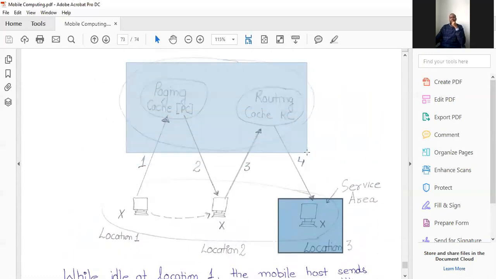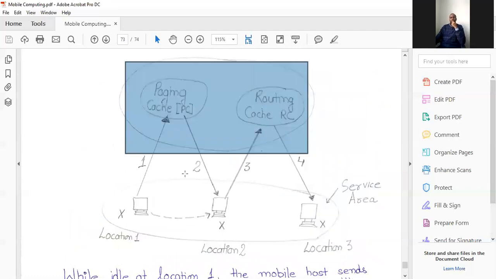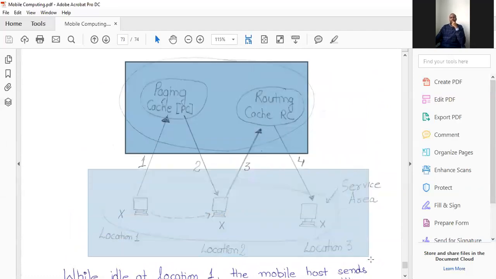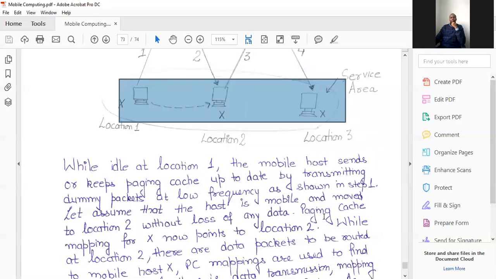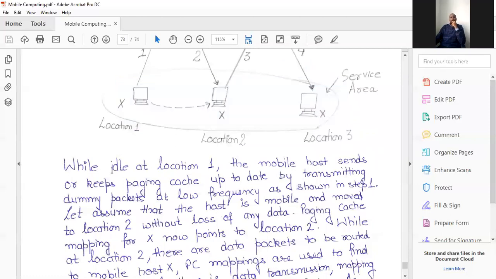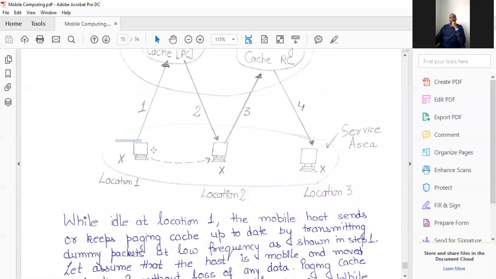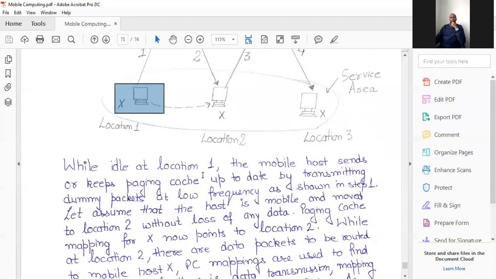So we will use these mapping techniques, paging and routing, to manage how data roaming will continue to happen as there is constant mobility. While idle at location 1, meaning that the mobile phone is not data roaming, not sending and receiving data, the mobile device keeps the paging cache up to date by transmitting dummy packets at low frequency.